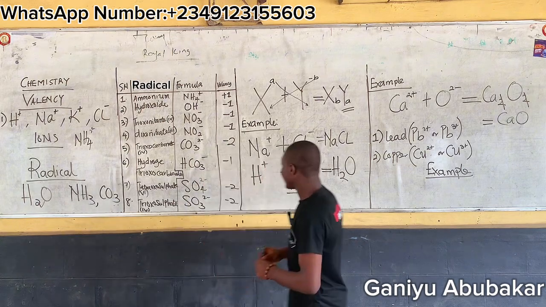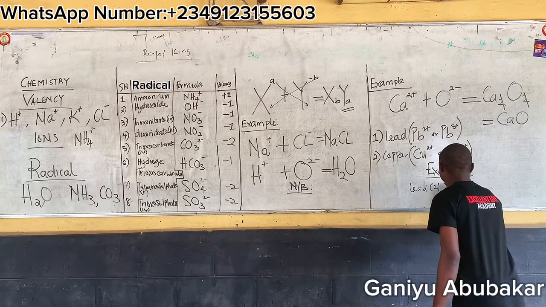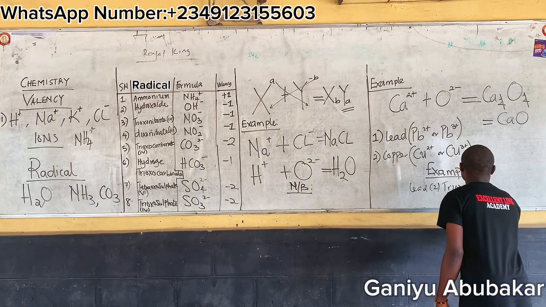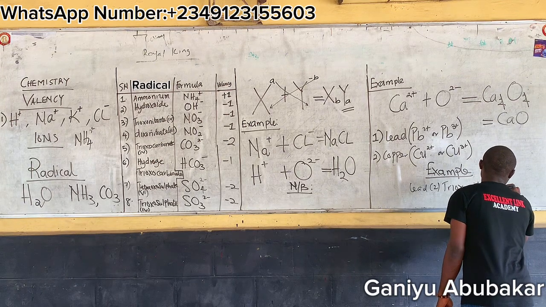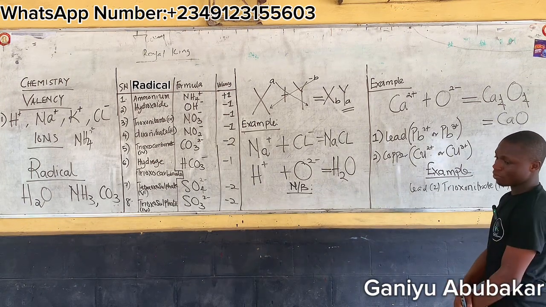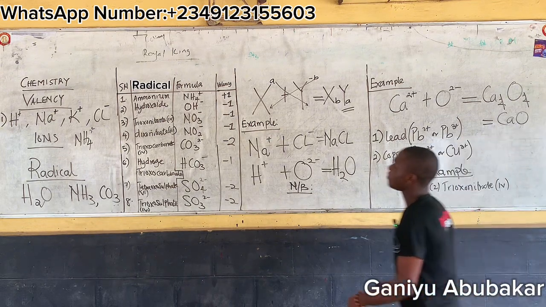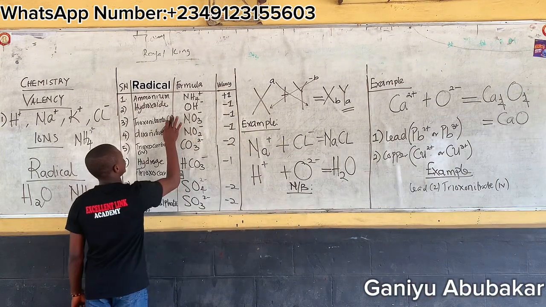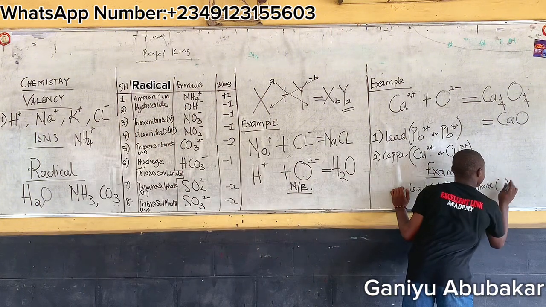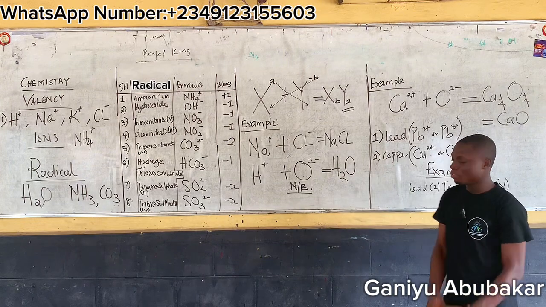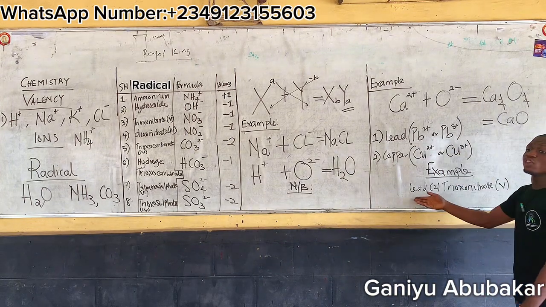Lead 2 trioxonitrate. It's 5. It's V. Check it, please. Trioxonitrate 5. This is in words.